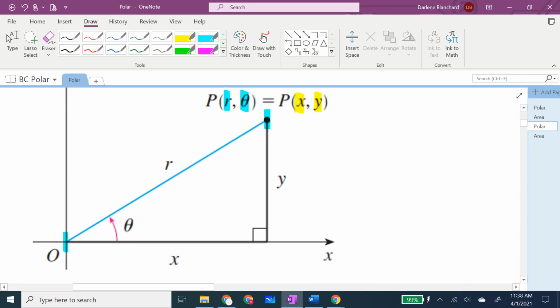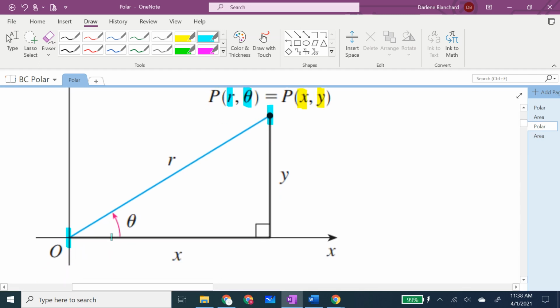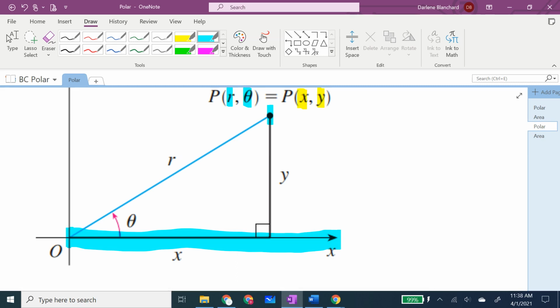The polar axis is the positive x-axis, because that is where you are at 0 radians, and we will only deal with radians in this class. The positive direction of theta is counterclockwise.